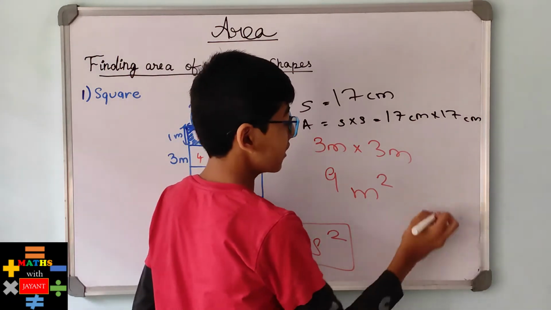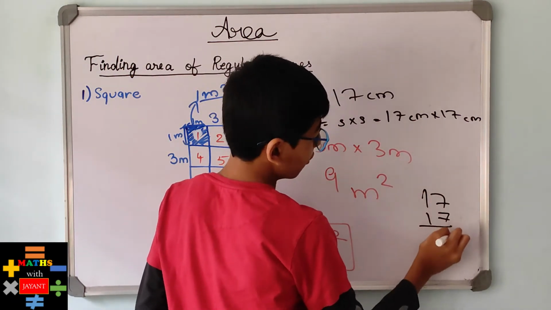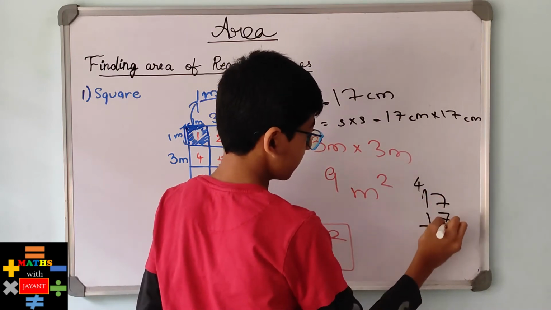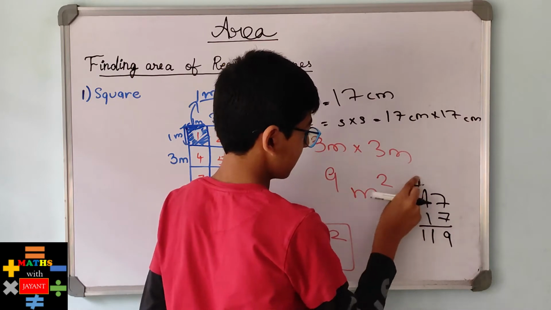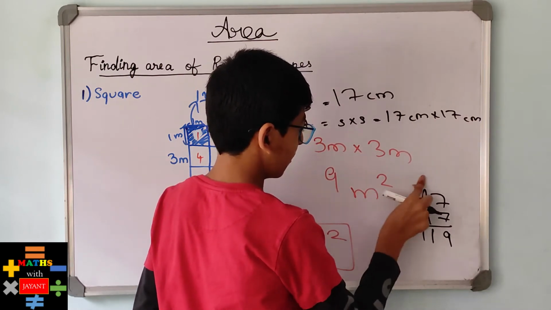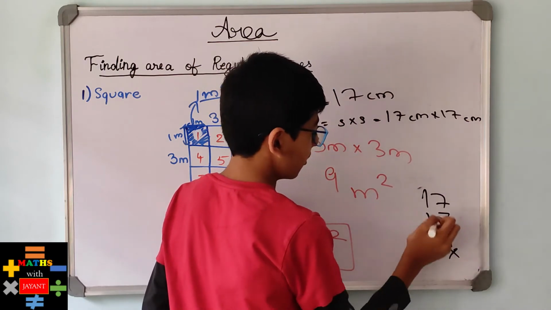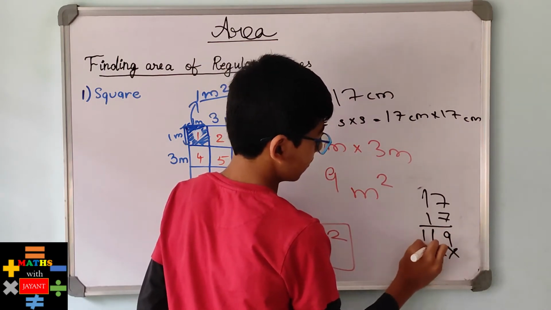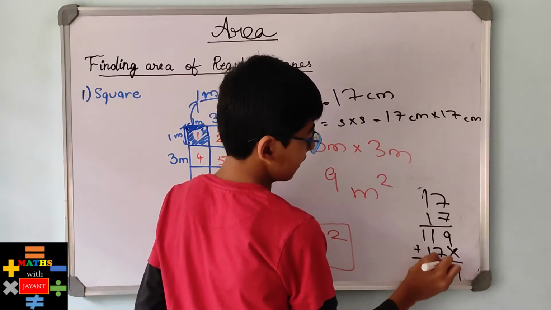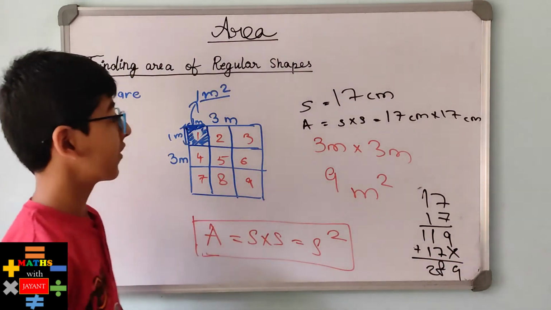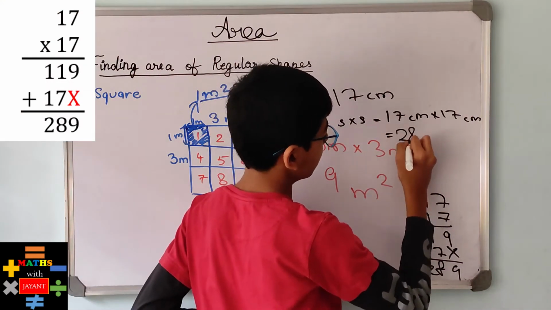So what is 17 into 17? Let us multiply. 7 sevens are 49, 4 carry forward. 7 ones are 7 plus 4 is 11. Now, 1 into 7, we put across. 1 into 7 is 7, 1 into 1 is 1. We add this, we get 9, 8, 2. So our final answer is 289 centimeters square.